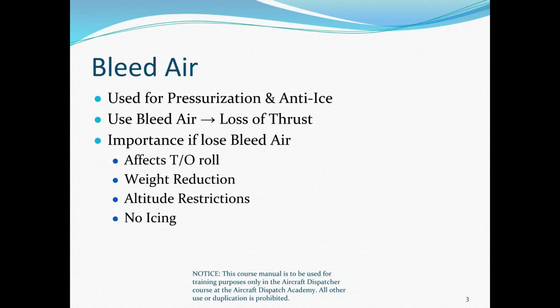First off, talking about the pneumatic system or bleed air. Remember what the bleed air is supplying air to. The first thing that we need to take into consideration is the bleed air is used for engine starting.